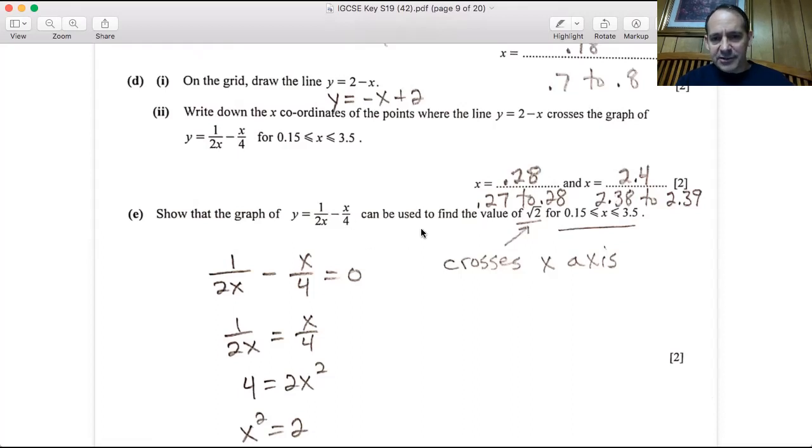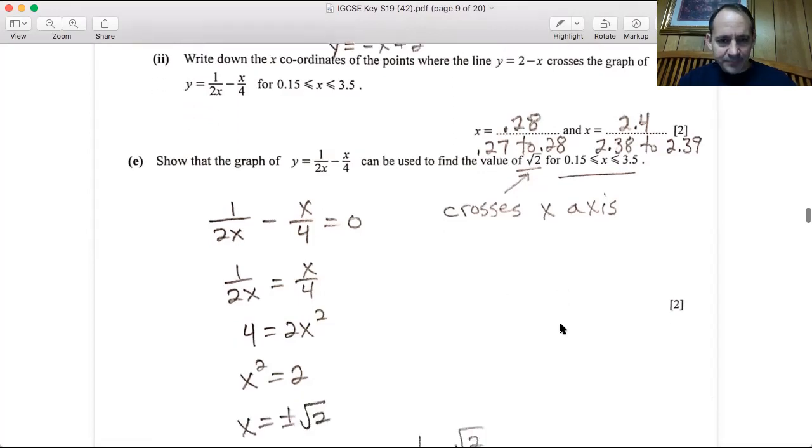And basically, they're implying, although to me it's a little vague, that this root 2 is the root of the graph, meaning where the graph crosses the x-axis. So I don't think the wording is really clear in that regard.